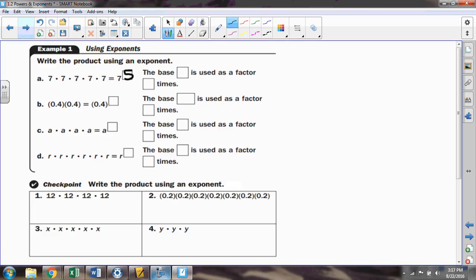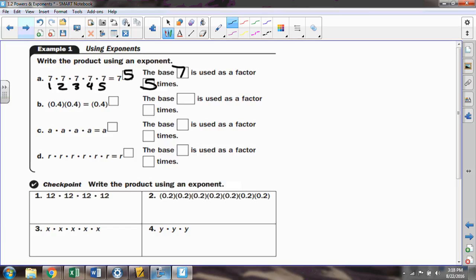Where did that come from? Because we were counting 1, 2, 3, 4, 5. Awesome. Great that you remembered. Let's continue further, filling this piece in. The base, what's the base? It's used as a factor 5 times. That one's finished.